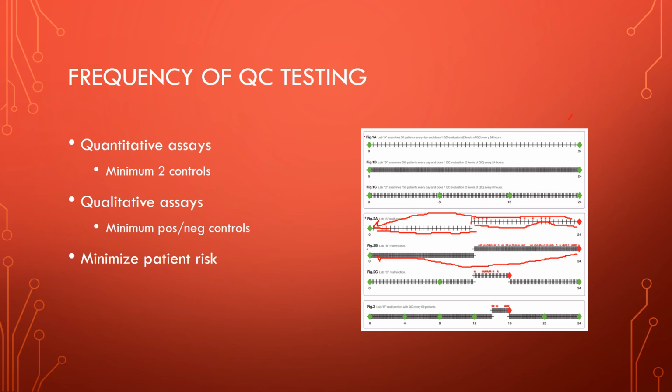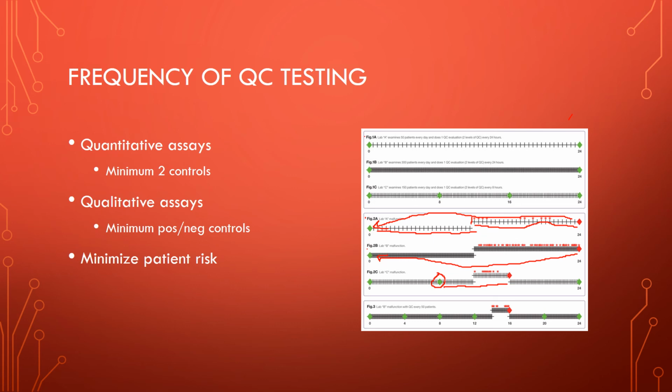So when a malfunction occurs at the same time, they only need to go back to when they last performed QC and rerun these patients over again. That allows them to ensure that they're really covering themselves, so they don't have to rerun every single patient.